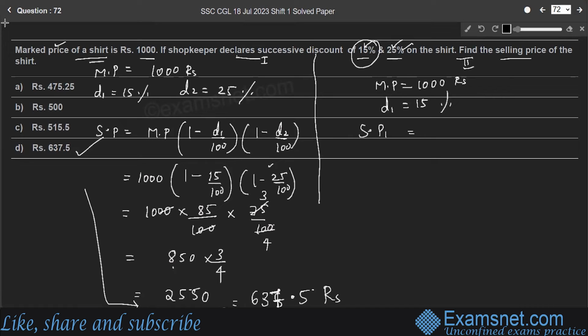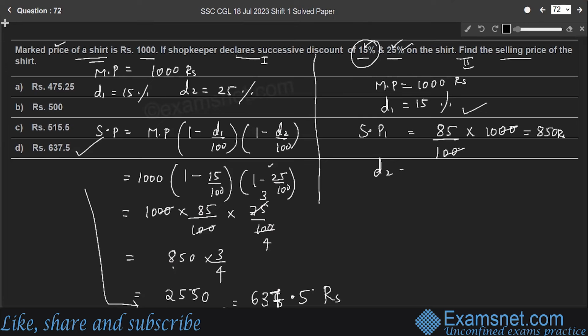If 1000 rupees is the marked price, it becomes 850 rupees as the selling price when a single discount is given.